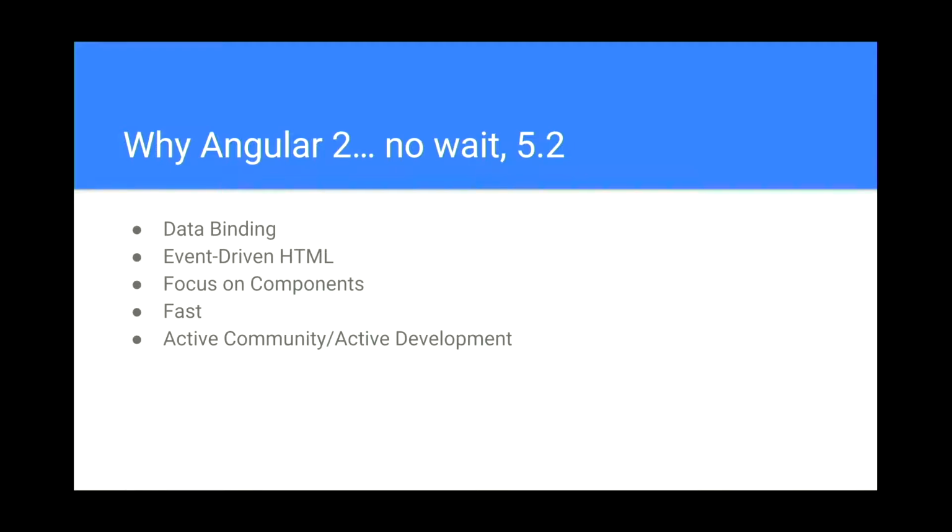So why Angular? It was 2, now it's 5.2. I'm a little less confused now, but I still don't know how to search for Angular on the internet because it keeps pulling back Angular 1. And I don't want to get drawn into a holy war conversation about how you should have used React.js. I like Angular, and I don't have a problem with TypeScript.